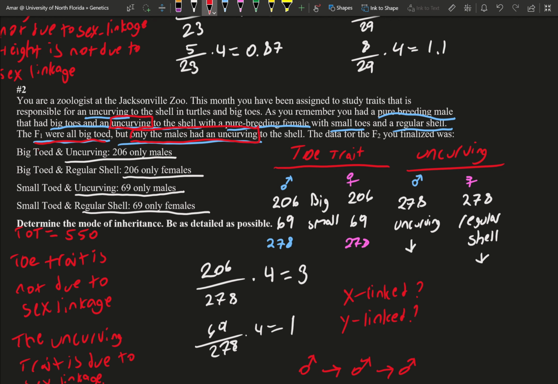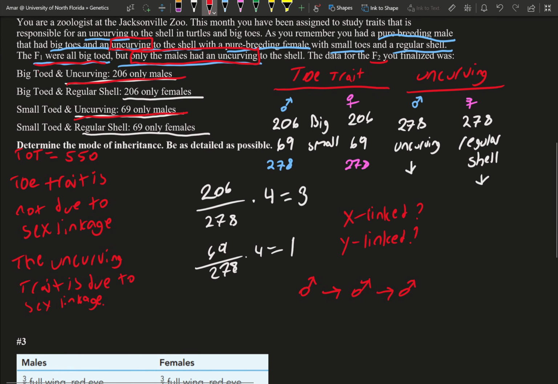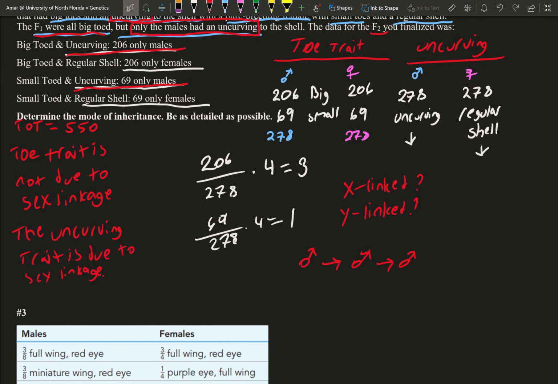So because of this, you have to look at the F2 as well. But just keep in mind that the males all had uncurving in the F1. And then you look at the F2, every single one of these males had an uncurving to them. So therefore the uncurving trait is due to Y linkage.